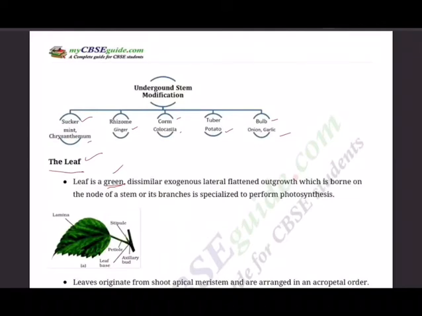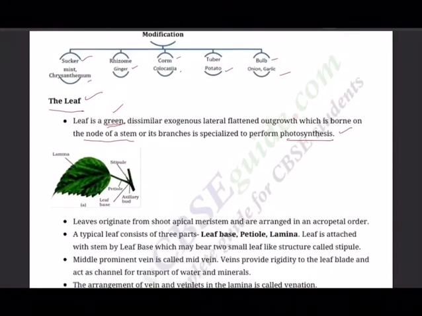So leaf is a green, dissimilar, exogenous, lateral, flattened outgrowth which is born on the node. Exogenous means outside. We discussed when we were talking about the stem, the node of the stem or its branches is specialized to perform photosynthesis.